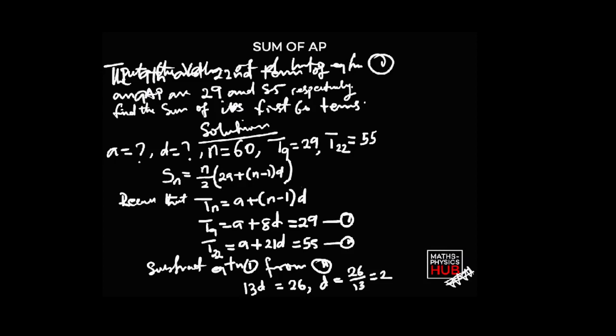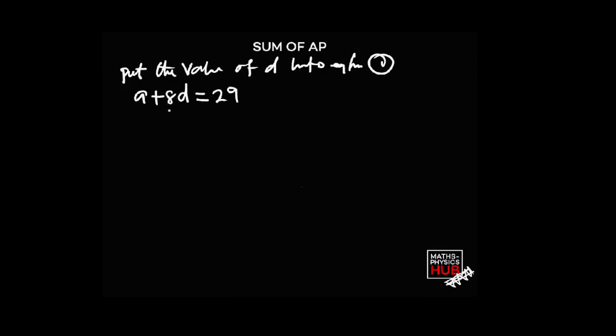Equation 1 is A plus 8D equals 29. So since D is equal to 2, we have A plus 8 times 2 is equal to 29. For that reason, A is equal to 29 minus 16.